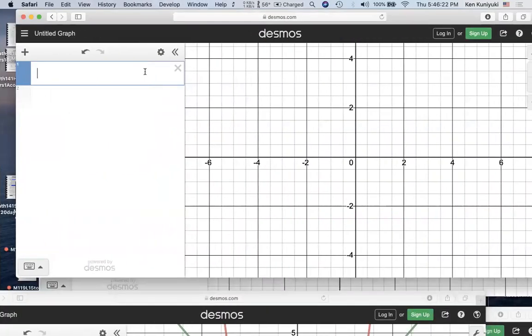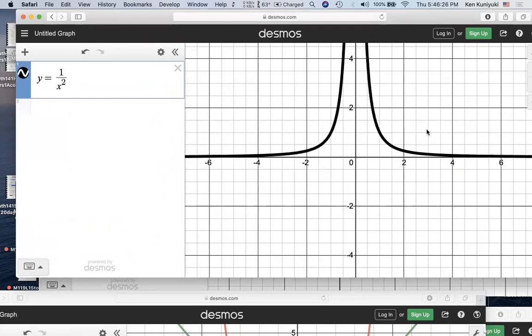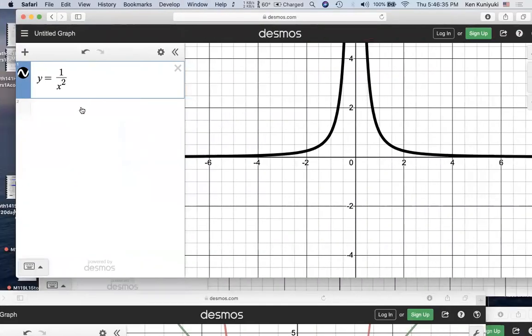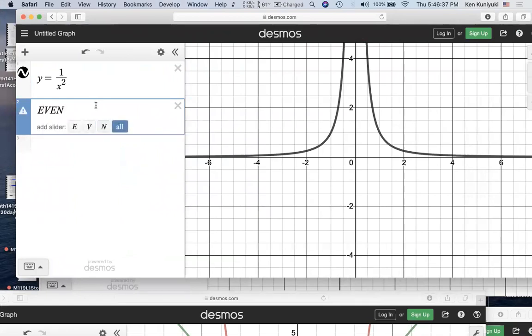Remember, y equals 1 over x squared. All right, we don't change sign. Positive here, positive over here. That's if we have an even VA. Here we have an even VA. All right.